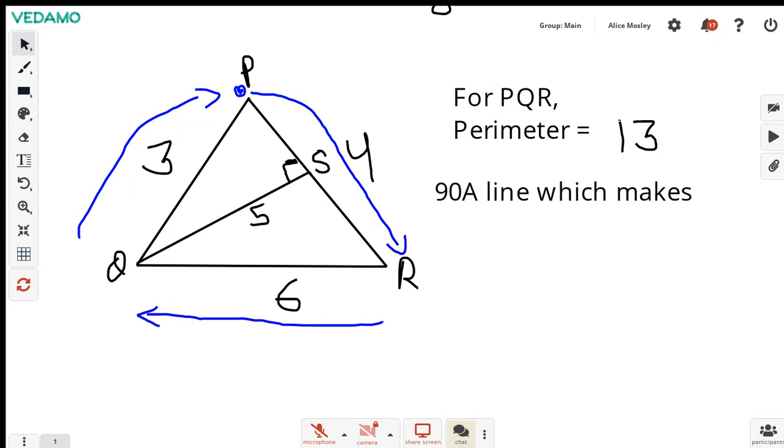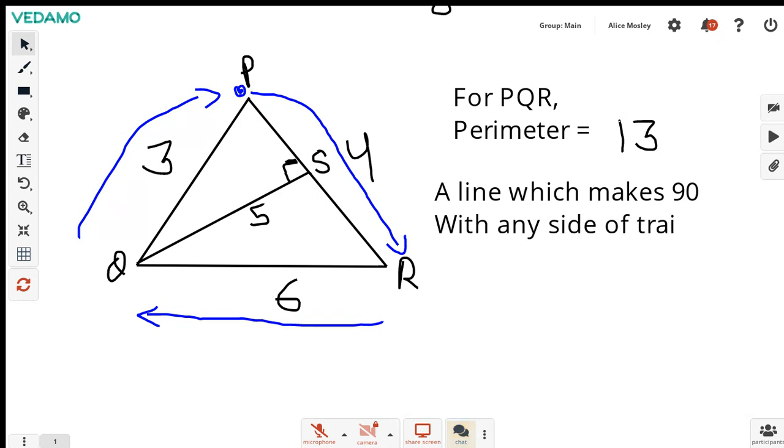A line which makes 90 degree with any side of triangle is the height. That's it. You can write this in your notebook.